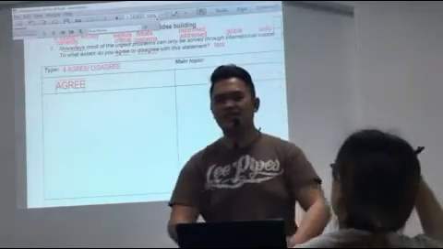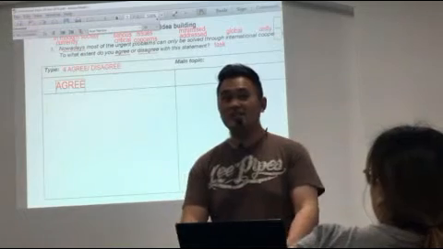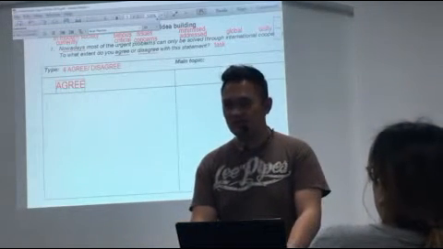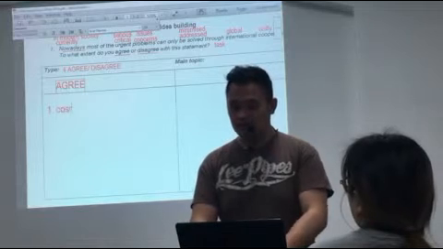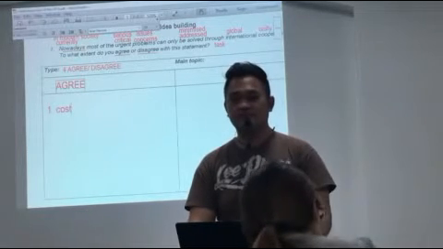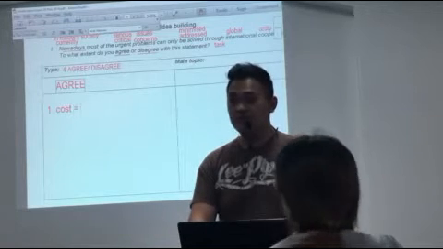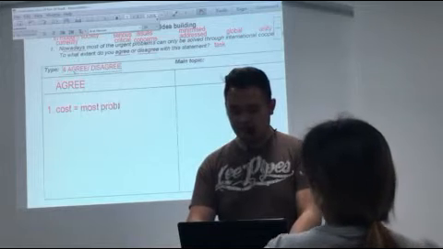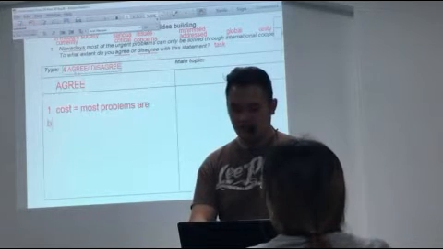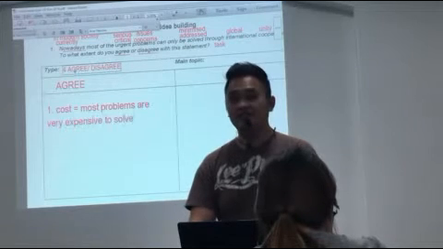Why do they say that the problems can only be solved through international cooperation? What do you think could be? Number one, we could talk about the cost. What does that mean? Most problems of the world are very expensive to solve, isn't it?